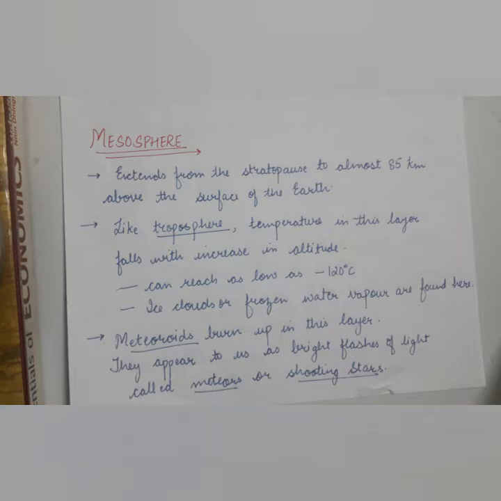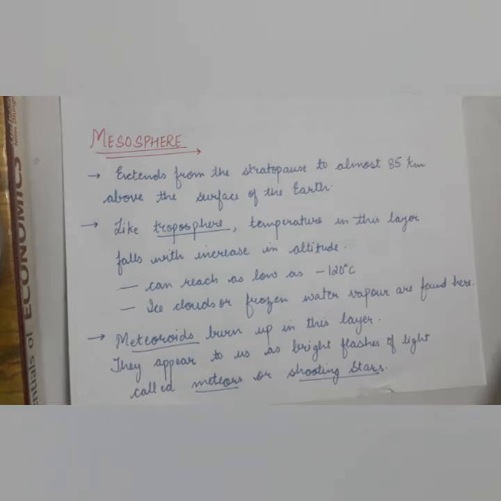If they will not burn, the meteoroids will crash with the earth surface. Okay, they will crash with the earth. And there was a point that when the dinosaurs and their generation came to the end, that was a hit of this only.